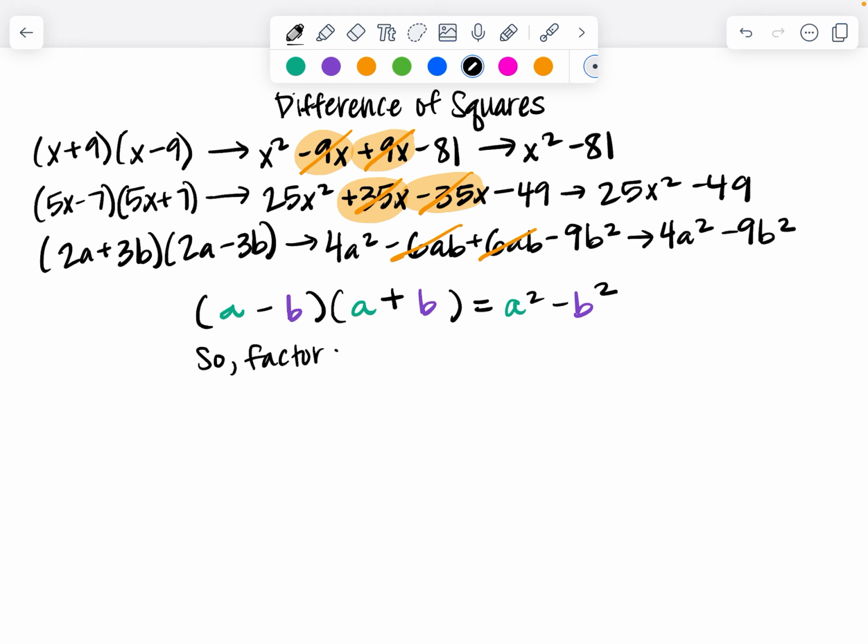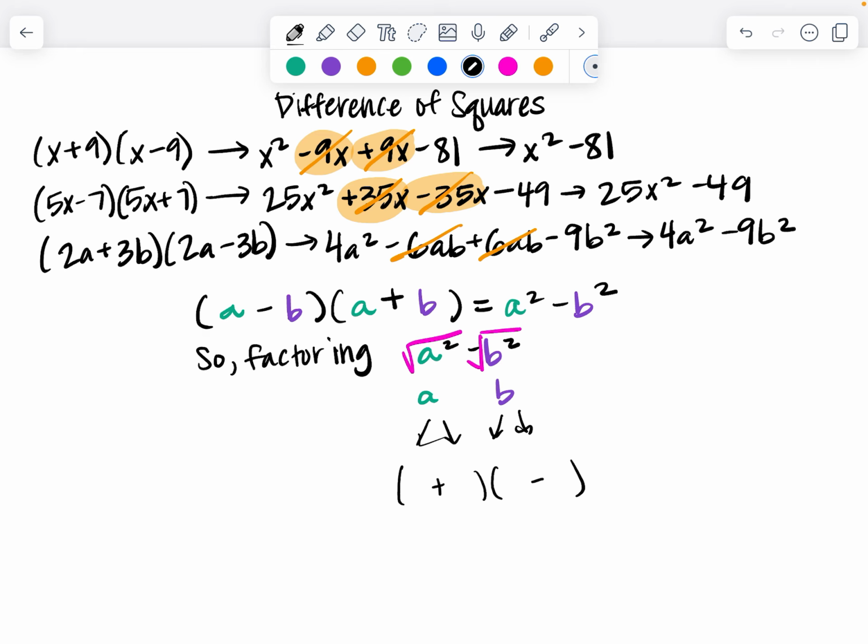When you're factoring a squared minus b squared, you would take the square root of each of these terms. The square root of a squared is a. The square root of b squared is b. And then you're going to put these into two sets of parentheses, one plus, one minus.